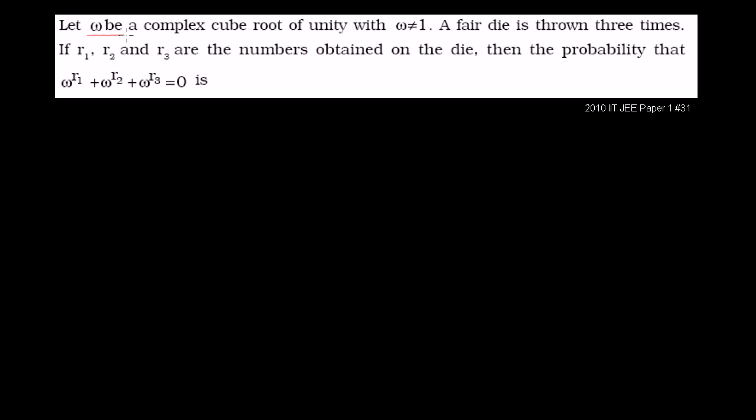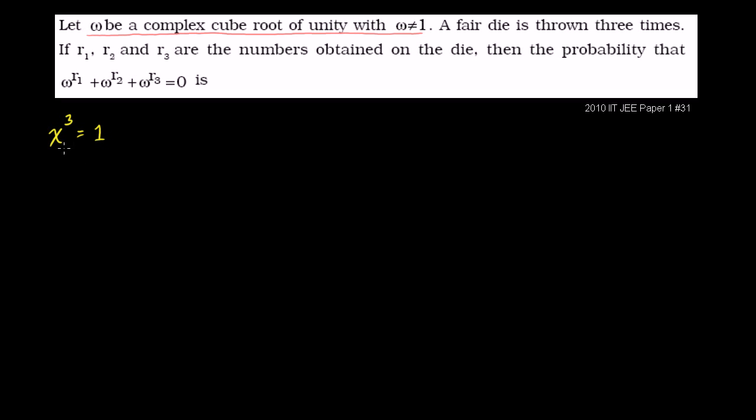So omega is a complex cube root of unity, which is just a fancy way of saying it's a complex cube root of 1, with omega not being equal to 1. So let's just set up an equation here. Let's think about all of the cube roots of 1. That's analogous to figuring out all of the x's that satisfy x to the third is equal to 1.